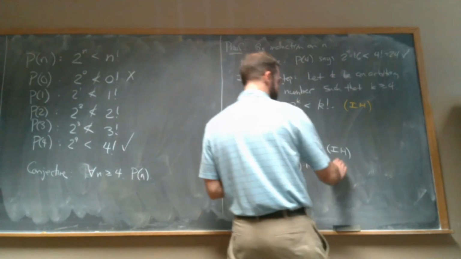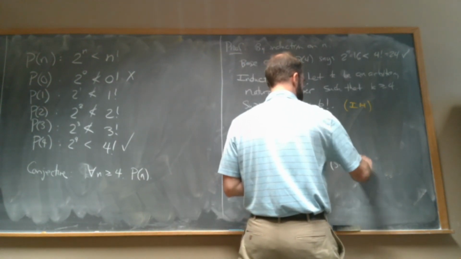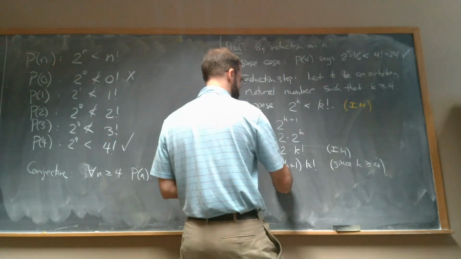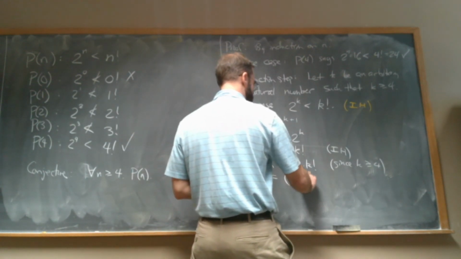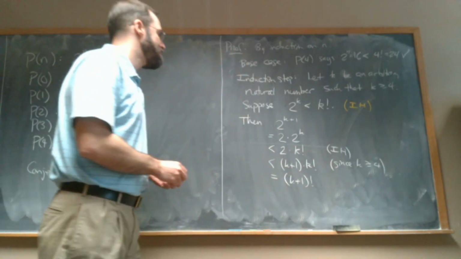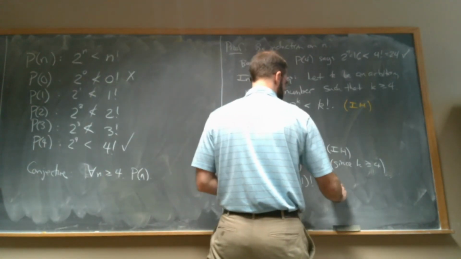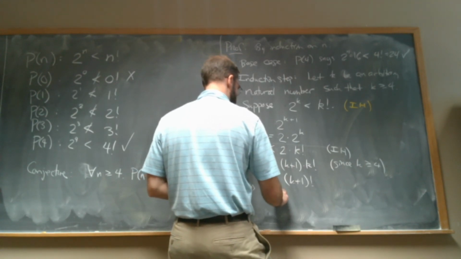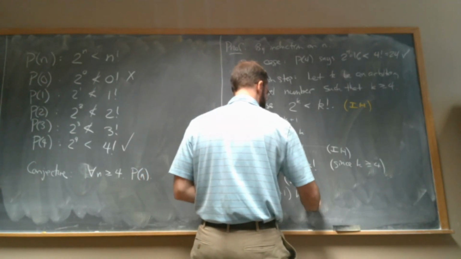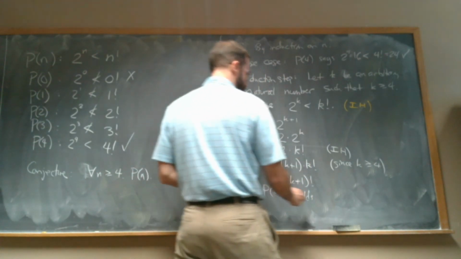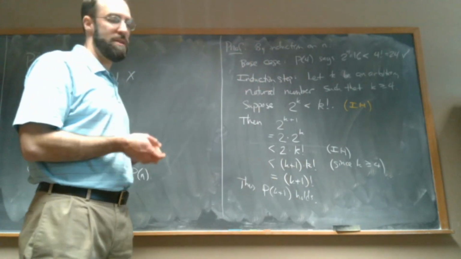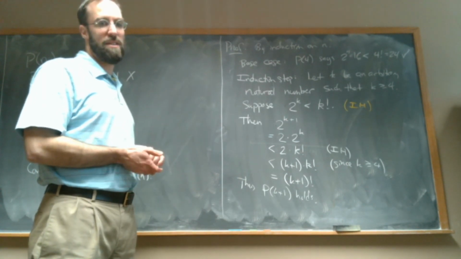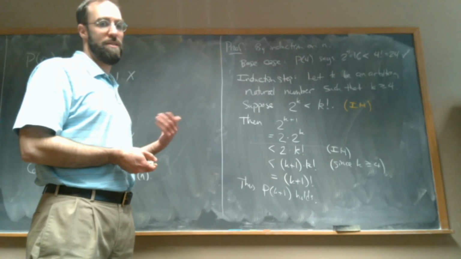So since k is greater than or equal to 4, this is less than k plus 1 times k factorial, and this, of course, is equal to k plus 1 factorial. Thus P of k plus 1 holds. And so again we say by induction we've proved that 2 to the n is less than n factorial for any n that is 4 or greater.